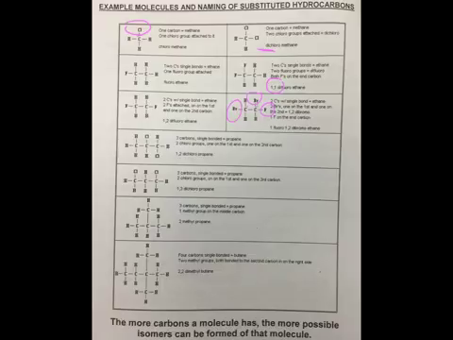So now remember, I've got to number this one right to left so that my groups have the lowest number. Since I have 2 add-ons on that first carbon, that's got to be number 1. So that's 1-fluoro and then 1,2-dibromo, and it's still ethane.